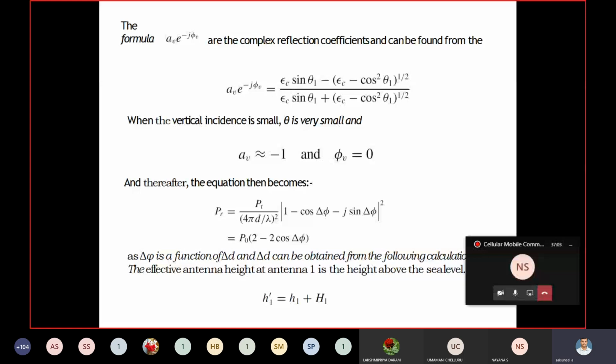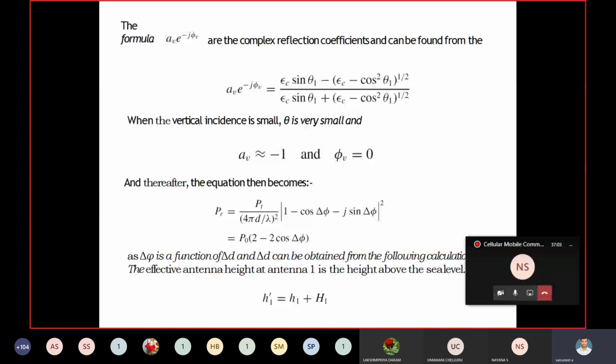Here we consider AV equal to -1. Yesterday we discussed how we get AV equal to -1 and phi v equal to 0. Suppose there is no phase change, then phi v equals 0.